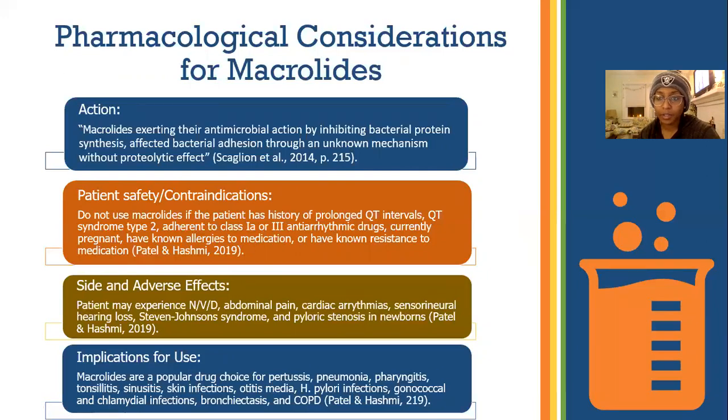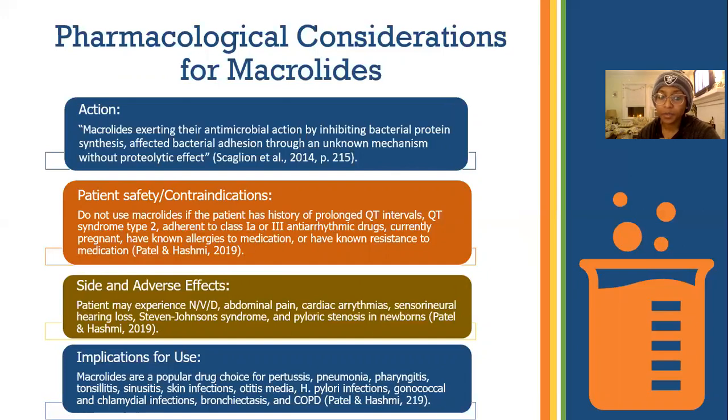Some adverse reactions and side effects include nausea, vomiting, diarrhea, abdominal pain, cardiac arrhythmias, hearing loss, and I saw that could be reversible, but sometimes it's permanent. Also Stevens-Johnson syndrome, and pyloric stenosis, which occurs in newborns.